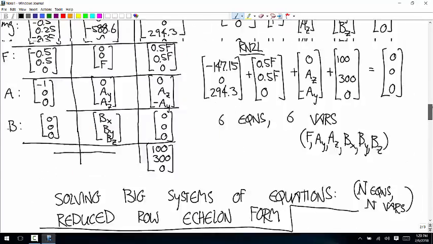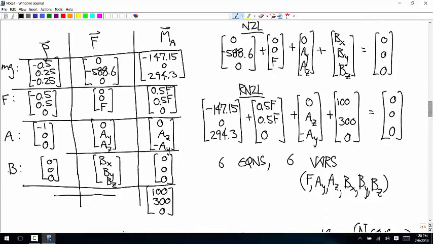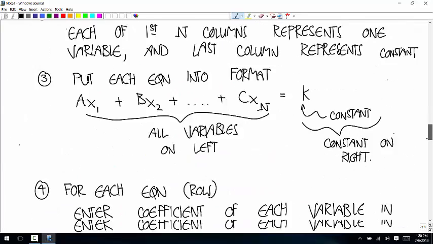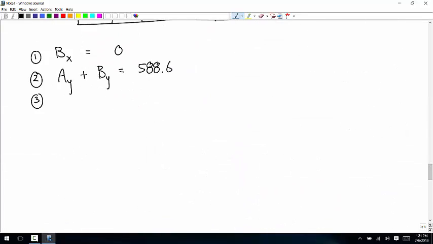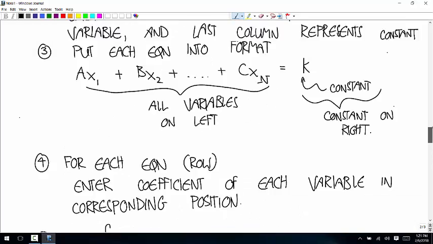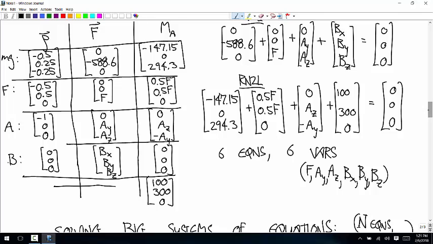The third equation from Newton's second law says F plus AZ plus BZ equals 0. The fourth equation. So now we're done with the 3 Newton's second law equations. We can go to the 3 moment equations.